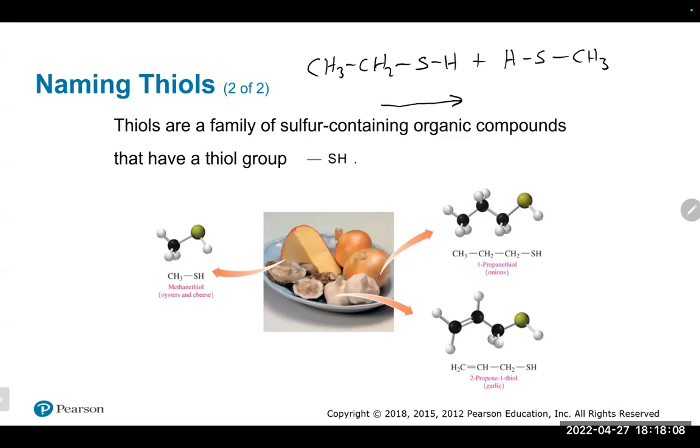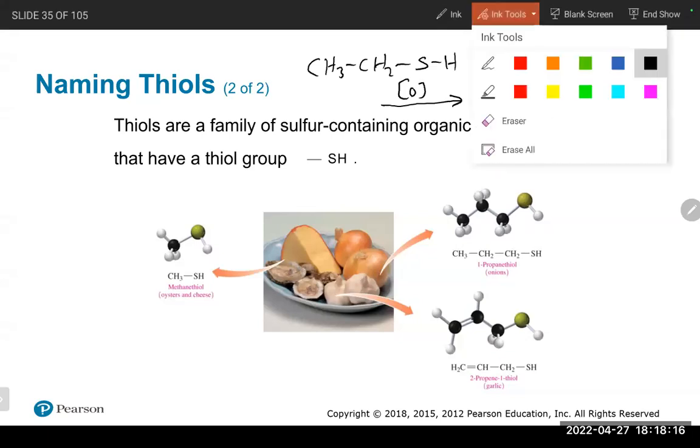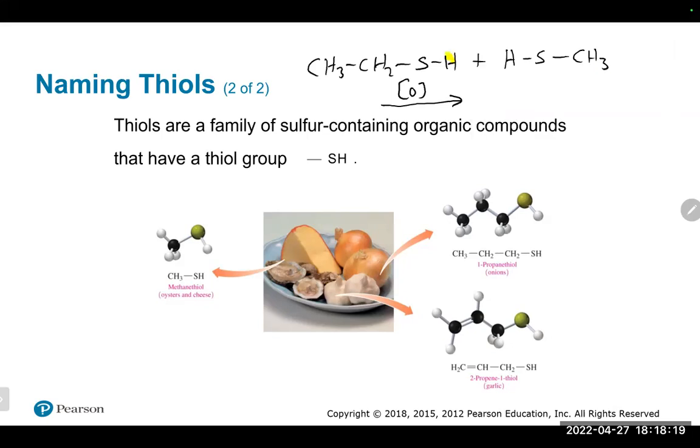So what happens when 2 thiols come together in an oxidation reaction is we lose 1 hydrogen from each of the thiols. That's why I drew them back to back like that. So we're going to lose those 2. And it's sometimes helpful to draw them back to back because we take out the hydrogen.